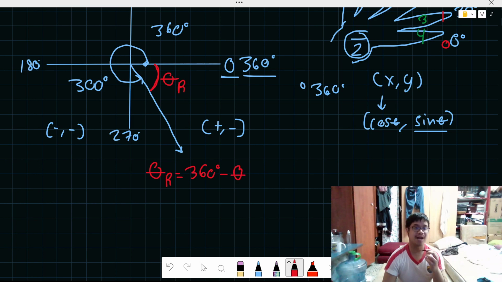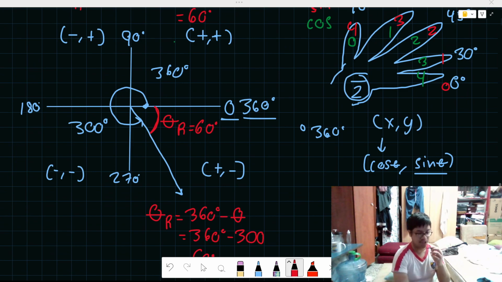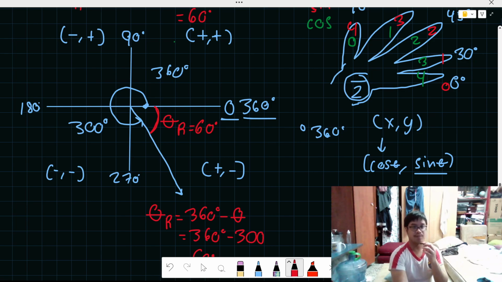So 360 minus 300 is 60 degrees. So your reference angle is 60 degrees. Now, here's the question: is it positive cosine or negative cosine?